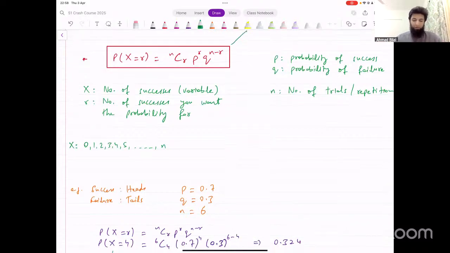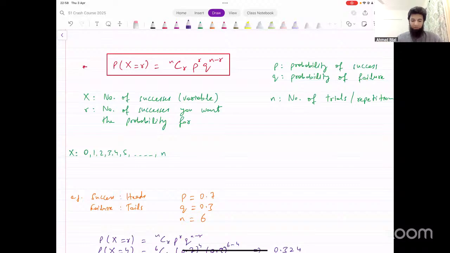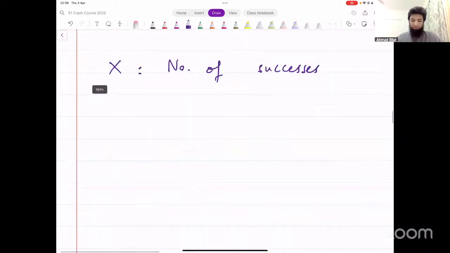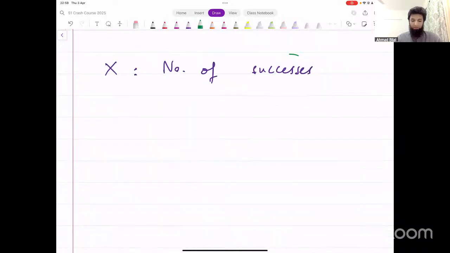Now, what you need to remember about binomial distribution is, in binomial distribution, you will be looking for the probability of getting a number of successes.